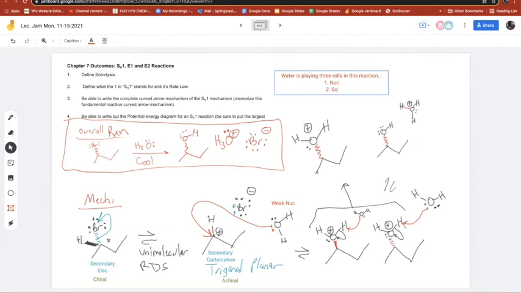The solvent. Yeah, it's the solvent. And third, it's the base. It's deprotonating the water after it added. So the term for this, when a solvent is also a reactant, is called solvolysis.